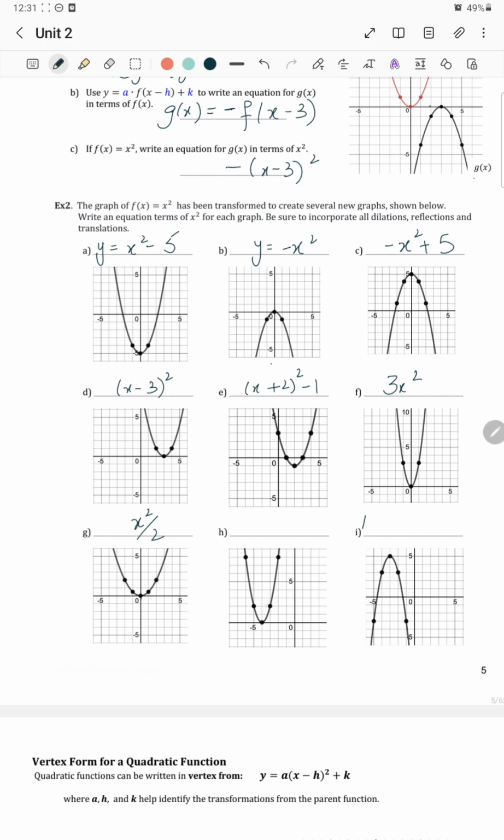It's x plus 4, something, x plus 4 square.